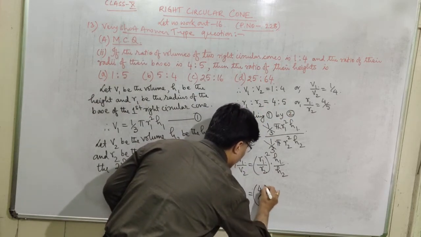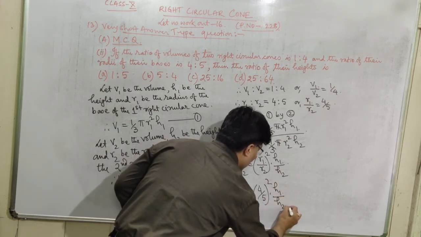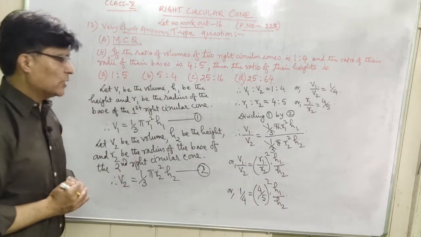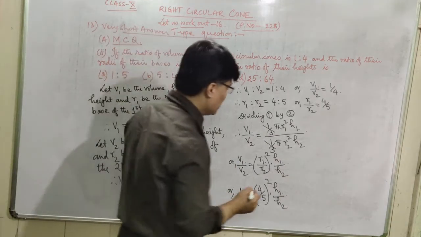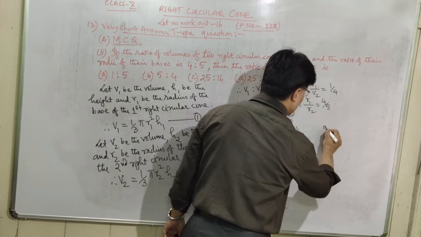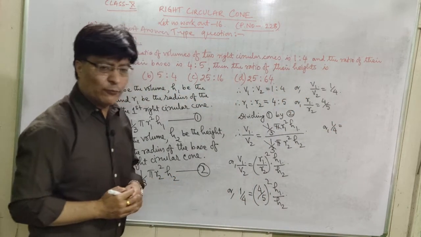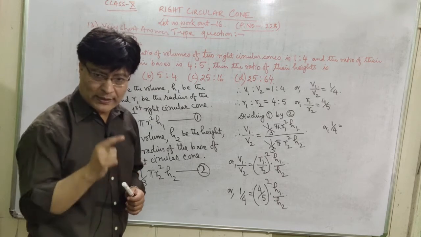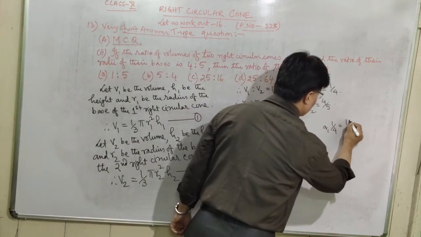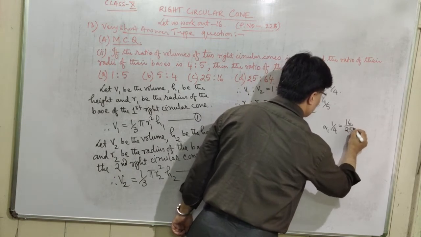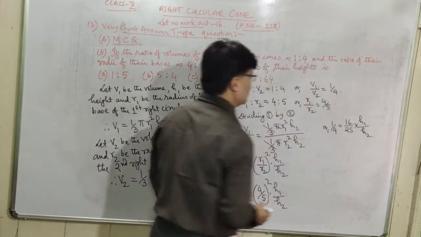It is 4/5 whole square into H1 upon H2. So let us simplify it now. 1/4 is equal to, what is 4/5 whole square? That is 4 by 5 into 4 by 5, that is 16 by 25, into H1 upon H2.